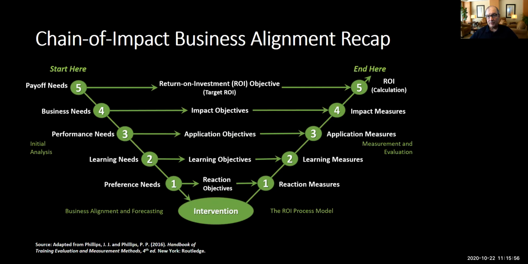You decide based on your program. And the learning measures will be perhaps a post-test or a final exam at the end. Could also involve some role play, some skill practices conducted by the facilitator, those types of things. And all of that will occur during and at the very end of the training.